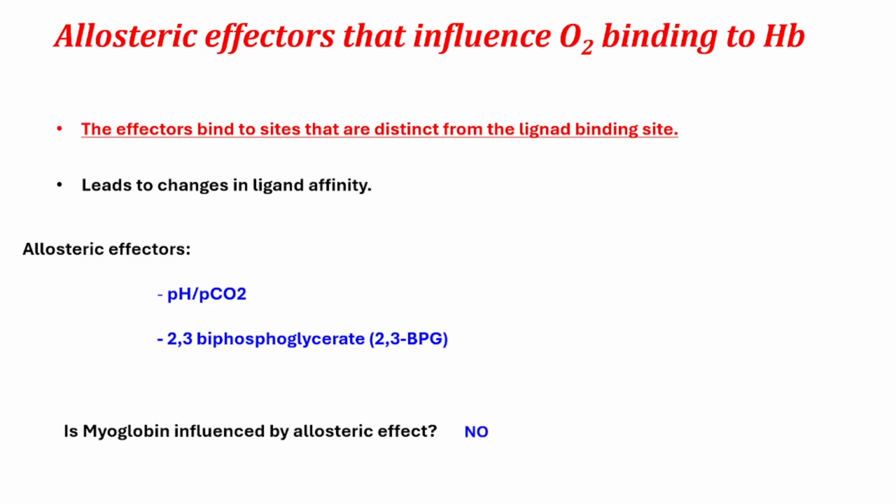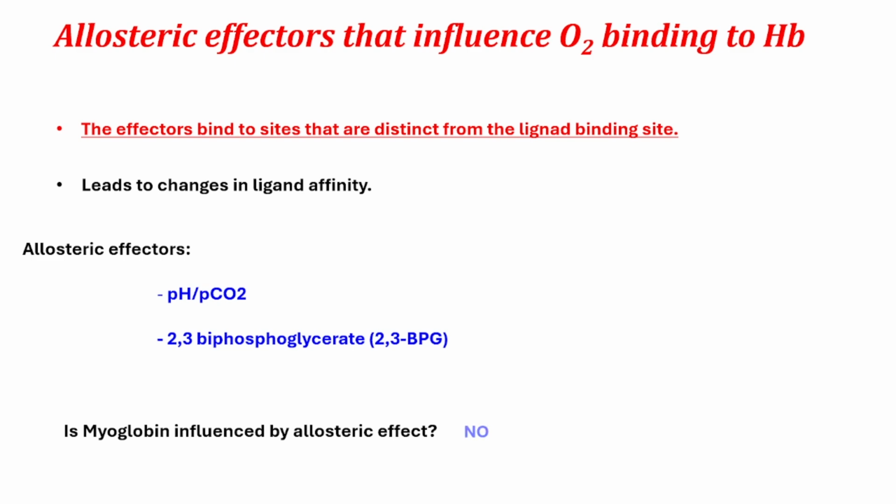This is why the oxygen dissociation curve of myoglobin is not affected by allosteric effectors. However, for hemoglobin, the binding of oxygen is affected by allosteric effectors. We're going to study how CO2 affects the pH, how the pH affects your ODC, and we're going to study 2,3-bisphosphoglycerate as well.